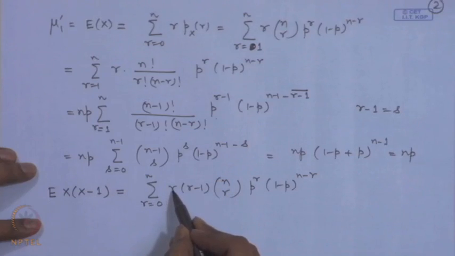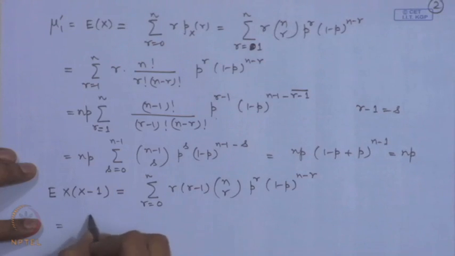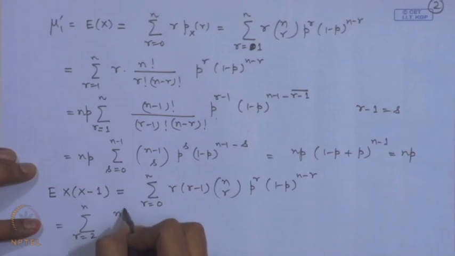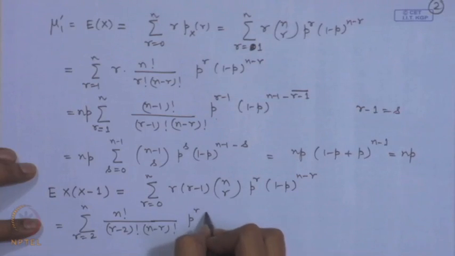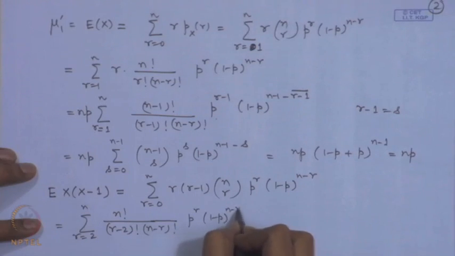Once again, you notice here that corresponding to r equal to 0 and r equal to 1, this term will vanish. So, we can write it as r equal to 2 to n, n factorial divided by r minus 2 factorial n minus r factorial, p to the power r, 1 minus p to the power n minus r.